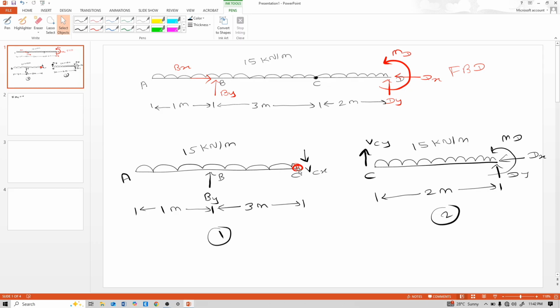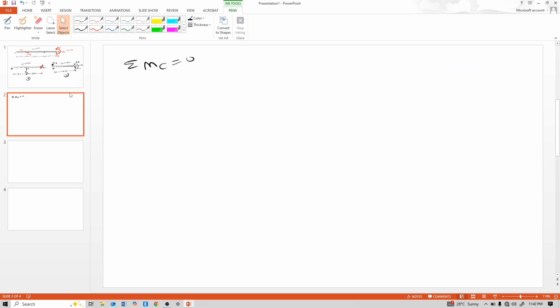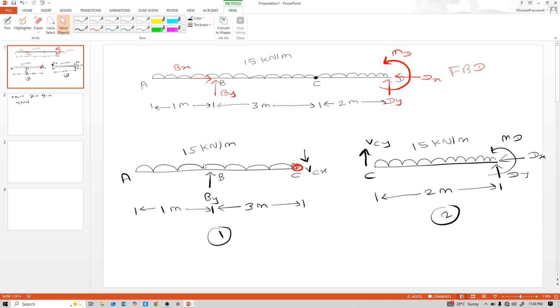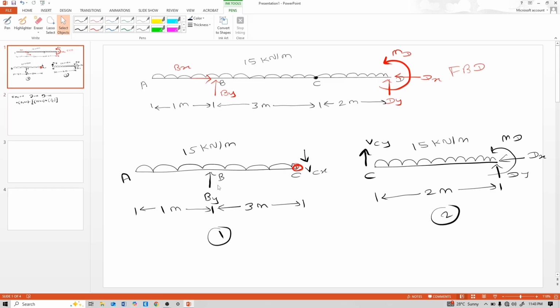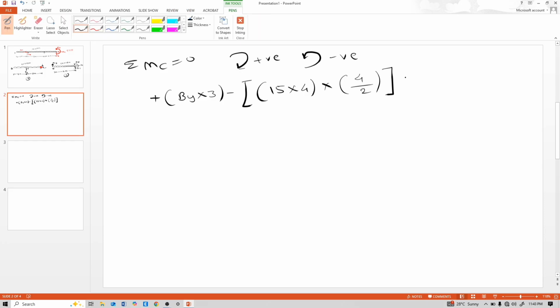So By is clockwise to that point, positive By into 3, minus 15 into 4 into 4 by 2, equal to 0.